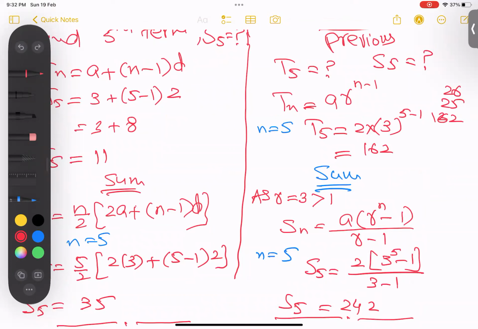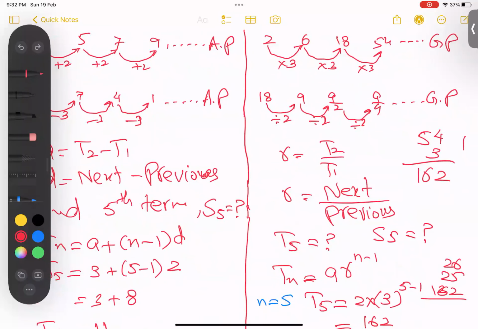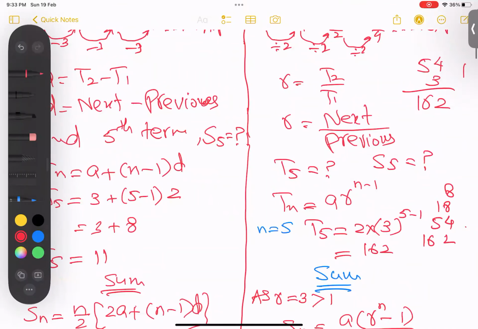Check. I'm doing some mistake maybe. Wait a minute. Oh yeah, 54, I did a mistake here. I repeat again. 6 plus 2, 8. 8 and 18, and then 54 and 162. I think now okay.